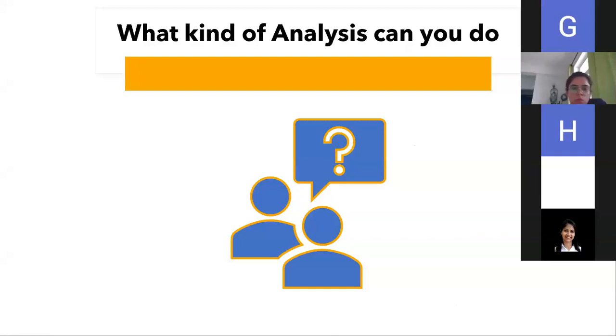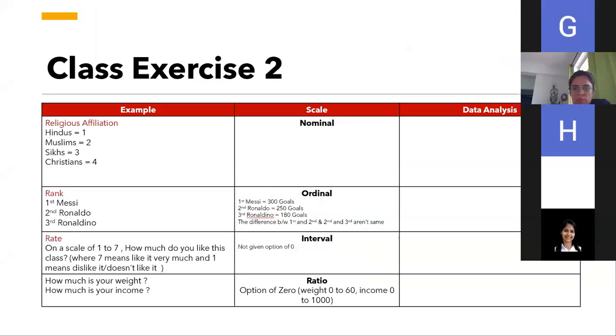So what kind of analysis can you do? We have already defined the scales, but through these scales you get different data, and based on the data that you get, you can do your analysis. For example, if I get nominal scale data, I pick 5 students and assign values like male or female.